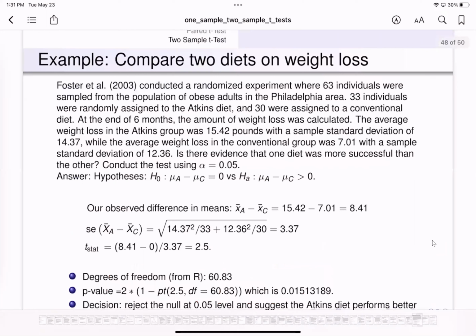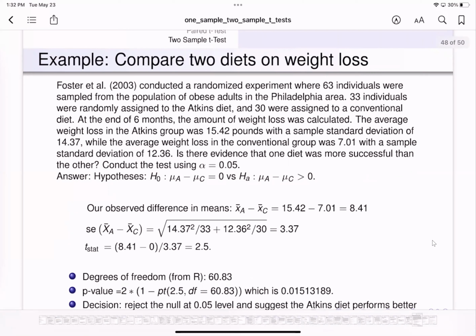And here's an example. For this example, we have a randomized experiment involving 63 individuals, randomly sampled from obese adults in the Philadelphia area. Out of these 63 individuals, 33 of them are randomly assigned to the Atkins diet, and the remaining 30 were assigned to a conventional diet. At the end of 6 months, the amount of weight loss was calculated.